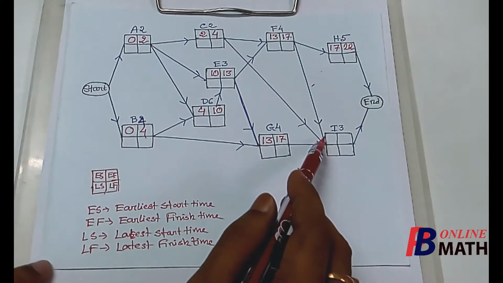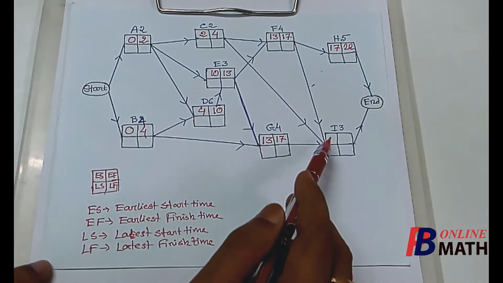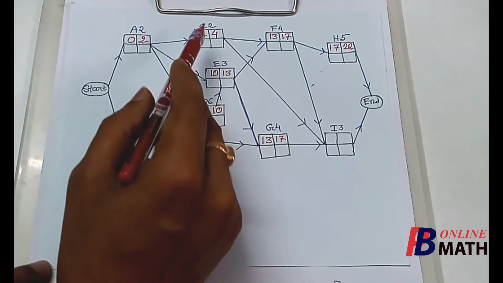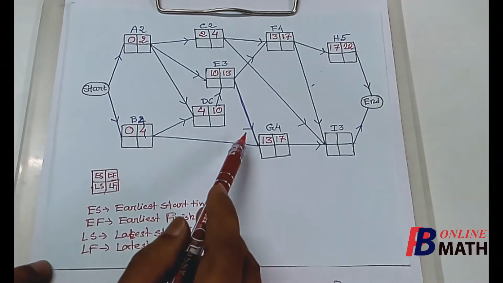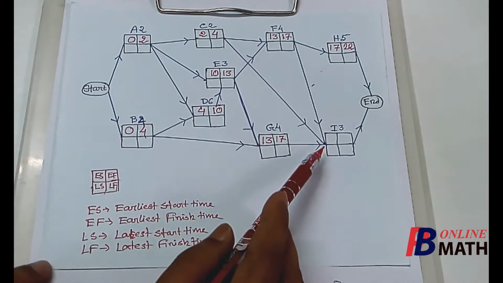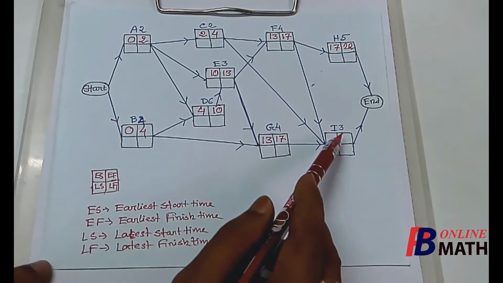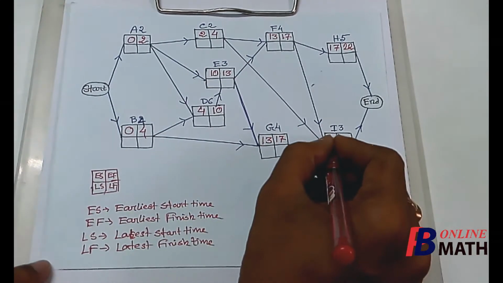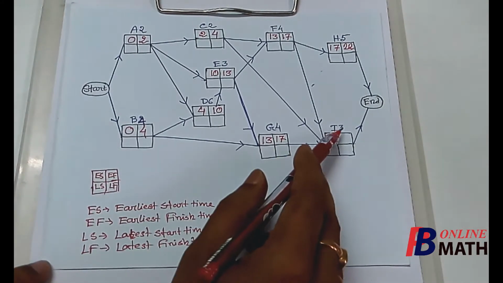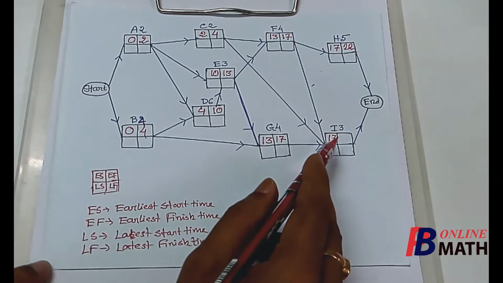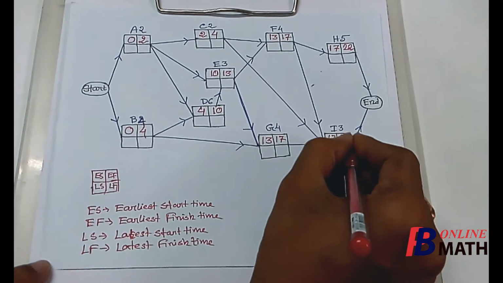So 22 is the earliest finish time of the activity H. Now we consider the final activity I. Now this can be started if these three activities C, F and G are completed. Now if we find the earliest finish times, then we find that these are 4, 17 and 17. So the activity I can be started as early as after 17 days, and it requires 3 days, so the earliest finish time will be 17 plus 3, which is 20.